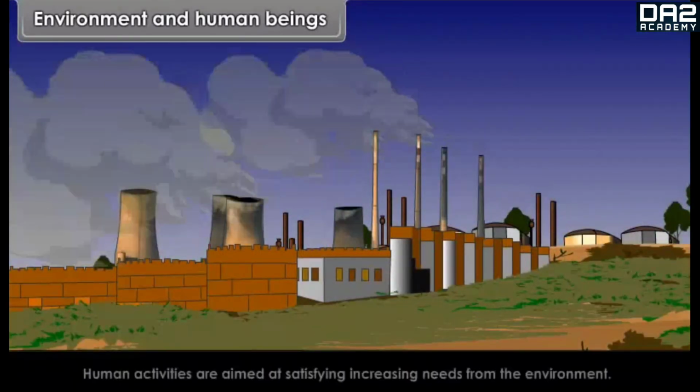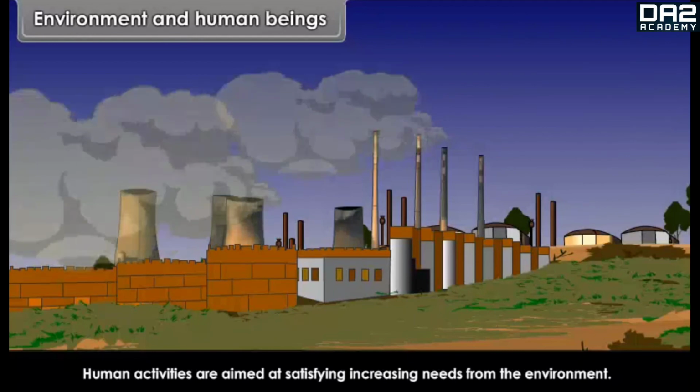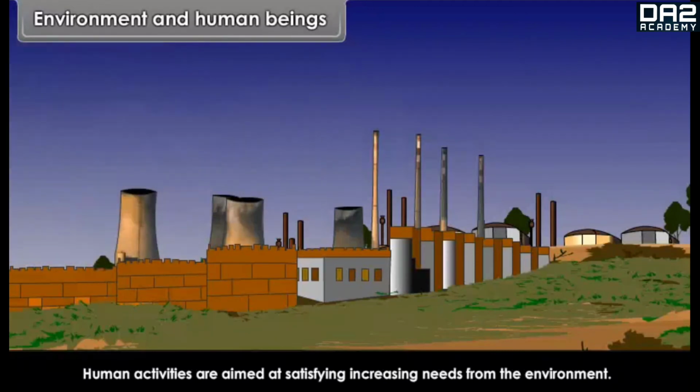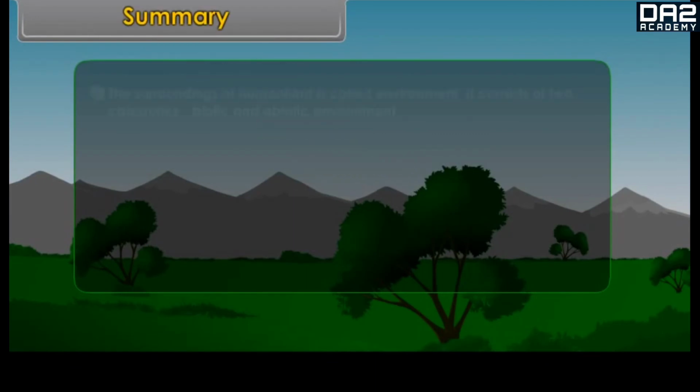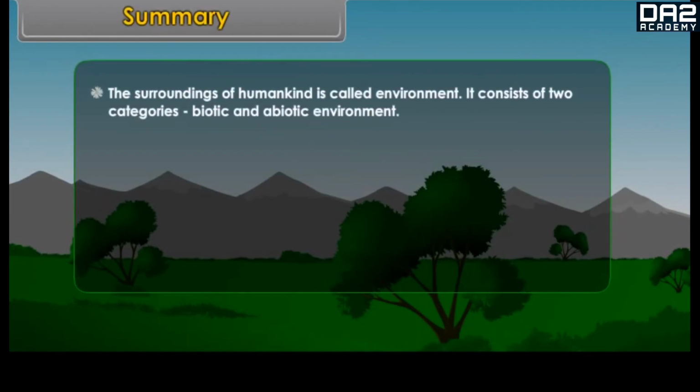Summary. The surroundings of humankind is called environment. It consists of two categories, biotic and abiotic environment. There are four major spheres of environment: lithosphere, hydrosphere, atmosphere, and biosphere.